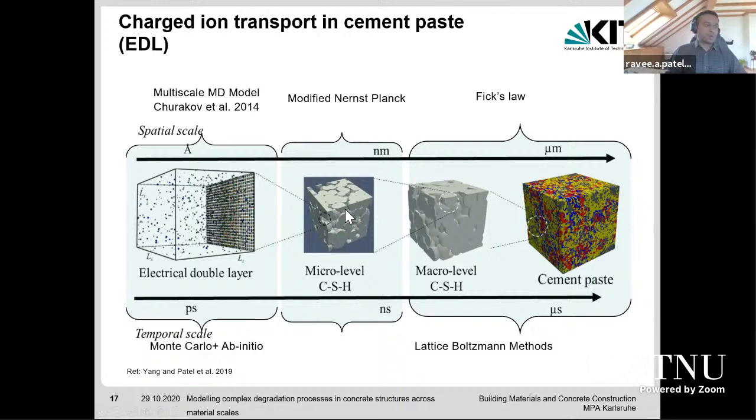From there onwards, the surface charge effect becomes less dominant, and we can apply Fick's law to the higher scales based on the diffusivity which we computed. This is the upscaling scheme which we follow to predict ion transport from the fundamental level, right from the surface effects to the cement paste level.